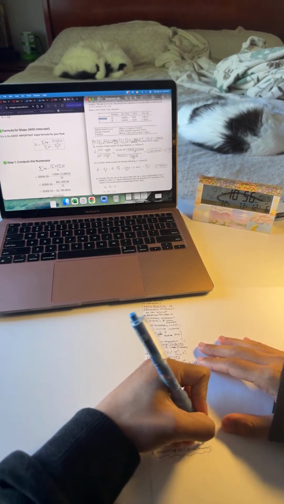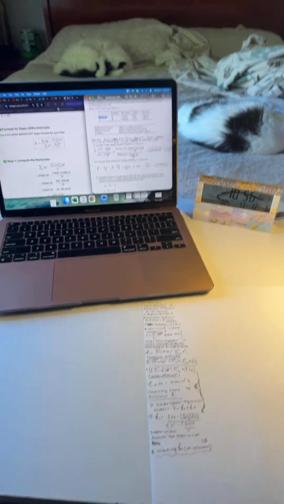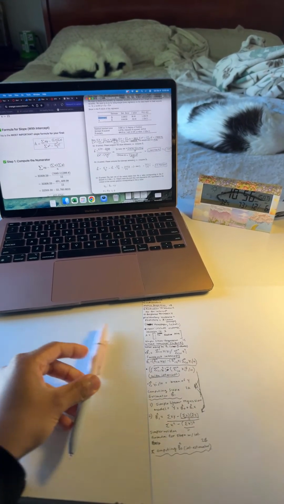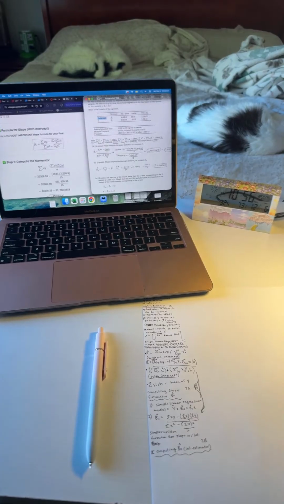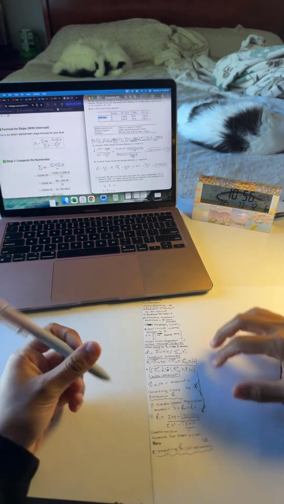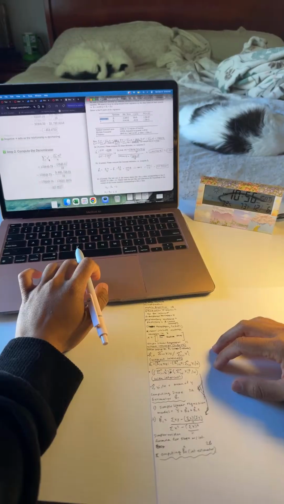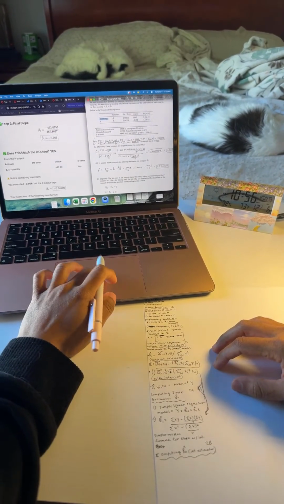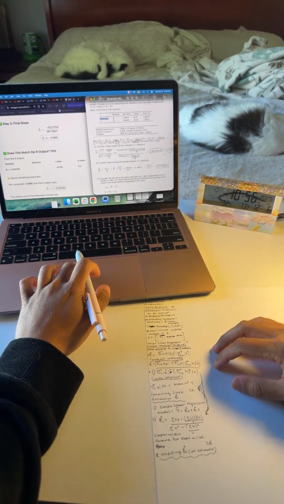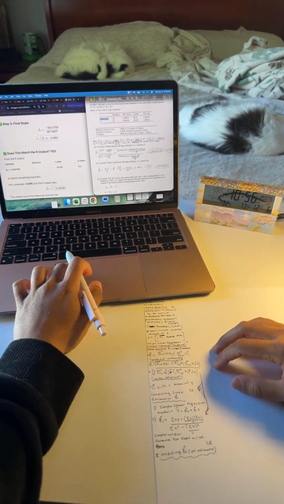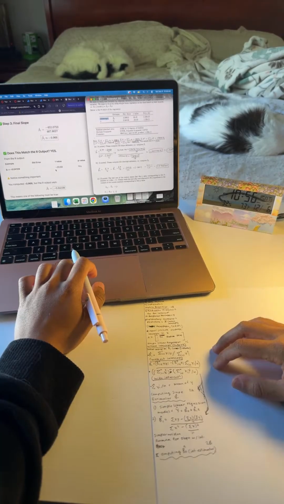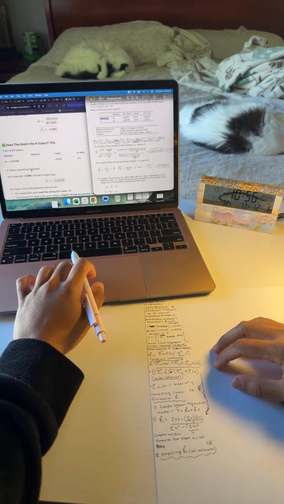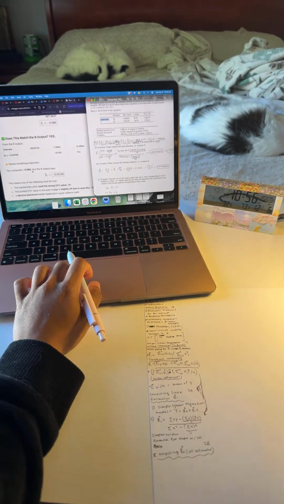What is this? 2B? This pen is giving out, bro. Let's find a better one. This is nice. Alright, so what is the formula for beta 0 hat? How come I got a different answer than ChatGPT? Huh.